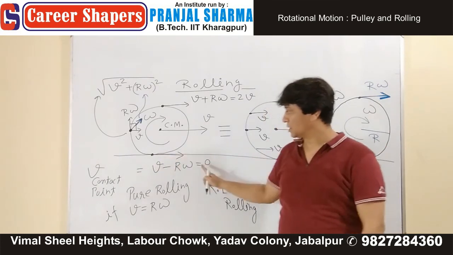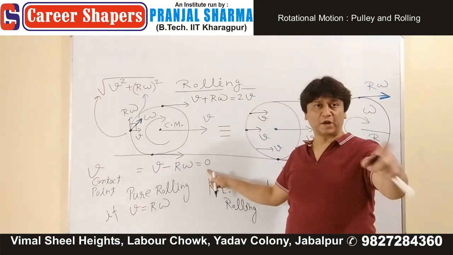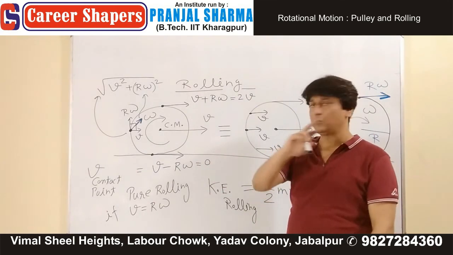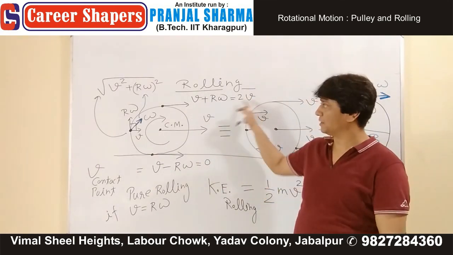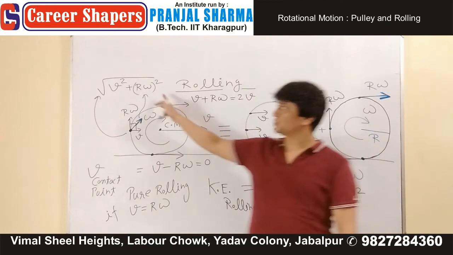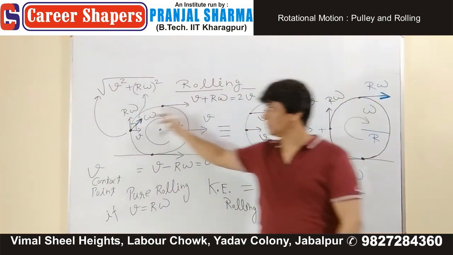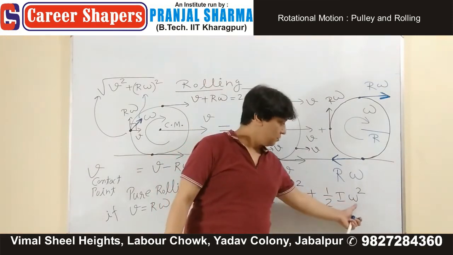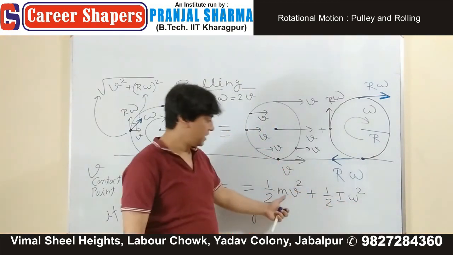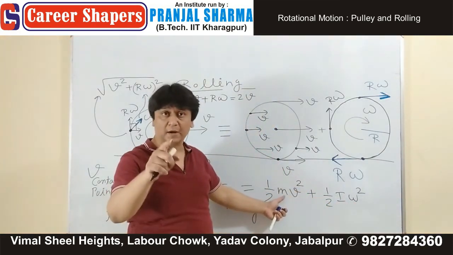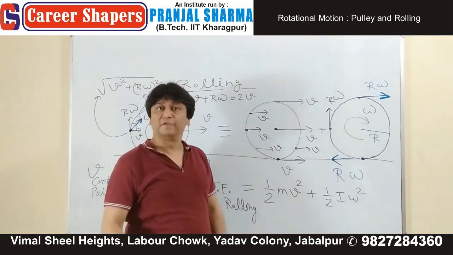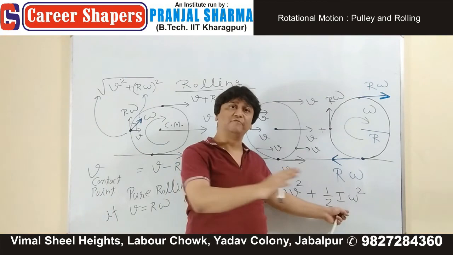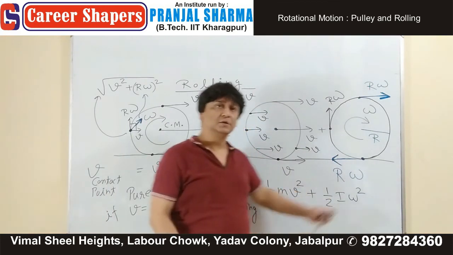This will be what? 0. Where you have drawn the pure rolling figure, where you have put 0, over there you can write like this, 2V. You can replace omega with V or you can replace V with omega, provided it is what? Pure rolling. If it's not pure rolling, you're simply adding two terms, half mv square and half I omega square.